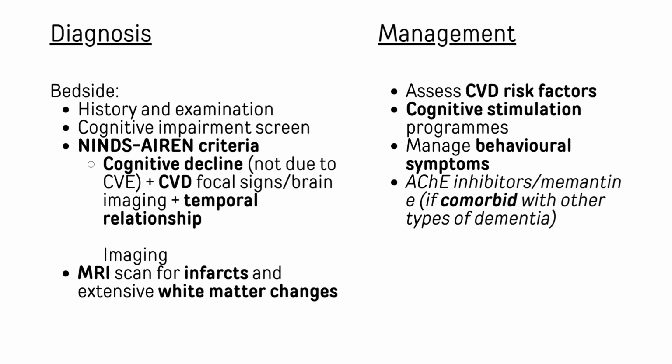In terms of diagnosis, again, a series of bedside tests, bloods, and imaging. The main criteria to keep an eye out for in vascular dementia is the NINDS-AIREN criteria. You don't need to know exactly the points of the criteria, but it's good to be aware of it, and it just assesses the cognitive decline of the patient and how it interferes with their activities of daily living.